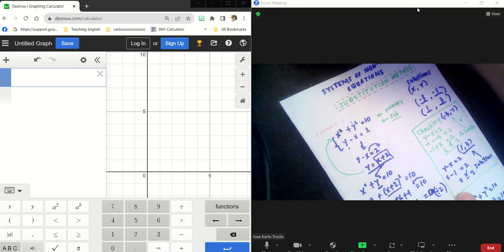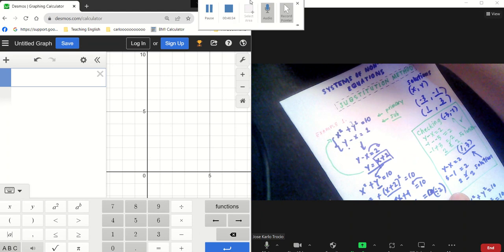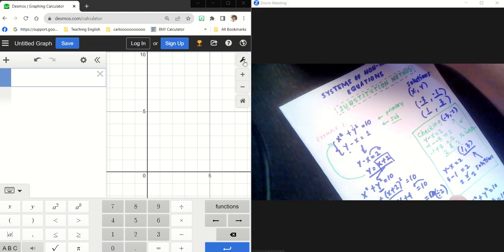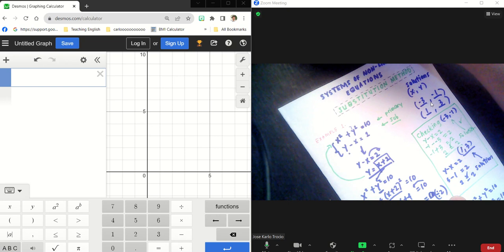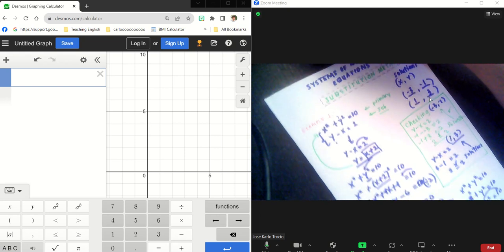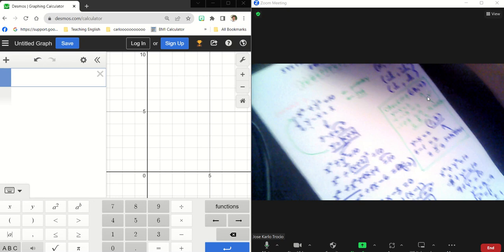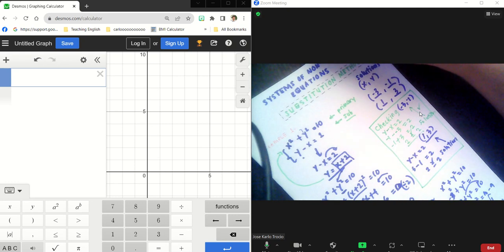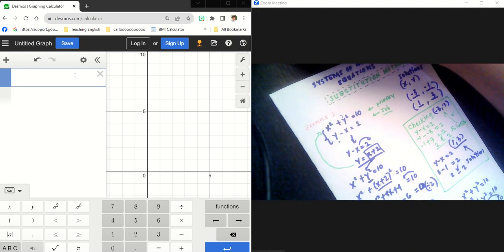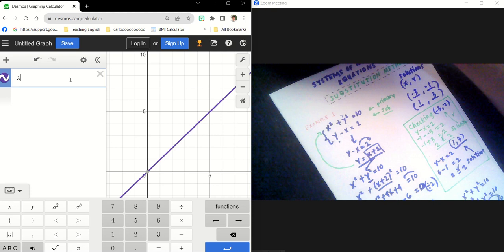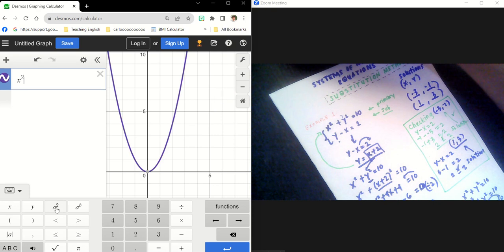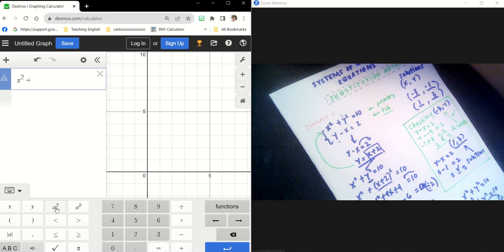Let us go back to example number 1, and let us use the graphing calculator this time to prove if they are really the solutions: negative 3 comma 1 and 1 comma 3. So we have proven that these two are solutions in example number 1. To further prove this claim, let us use this calculator and see if they really intersect each other.